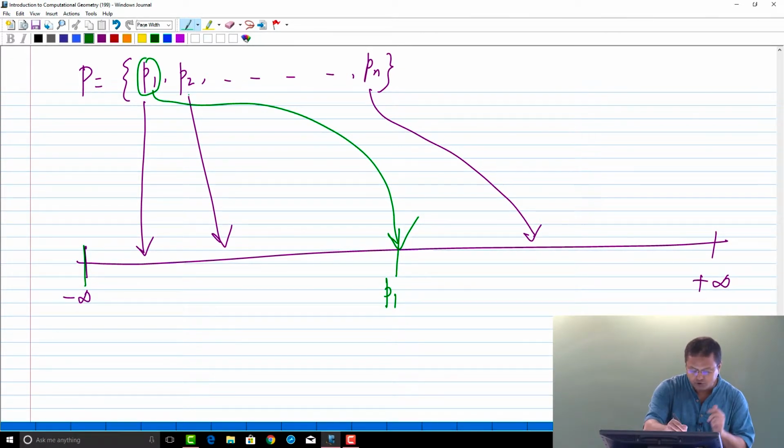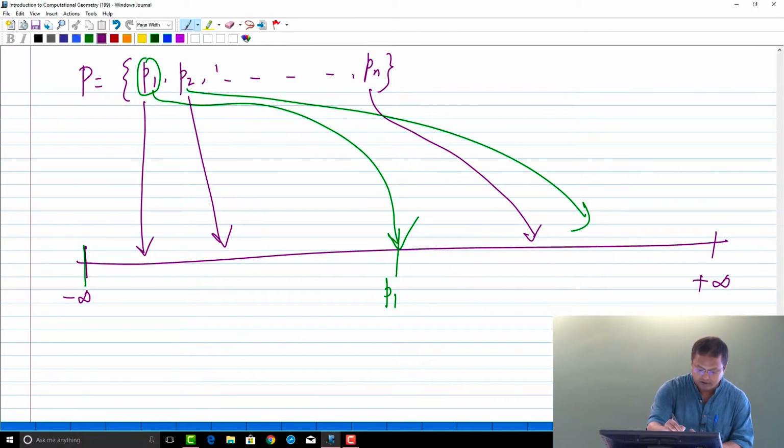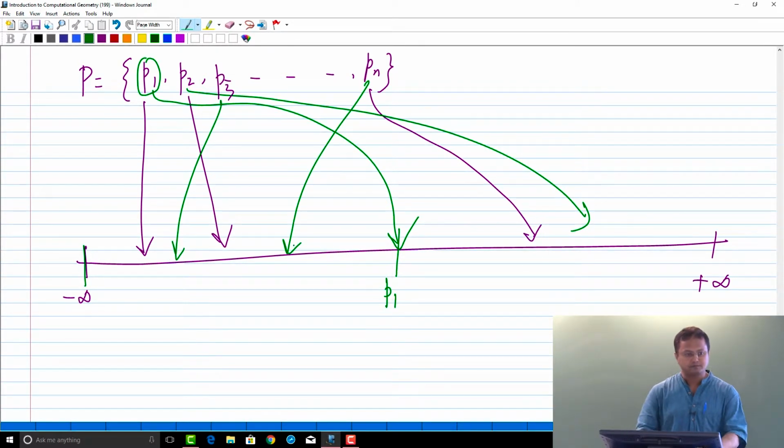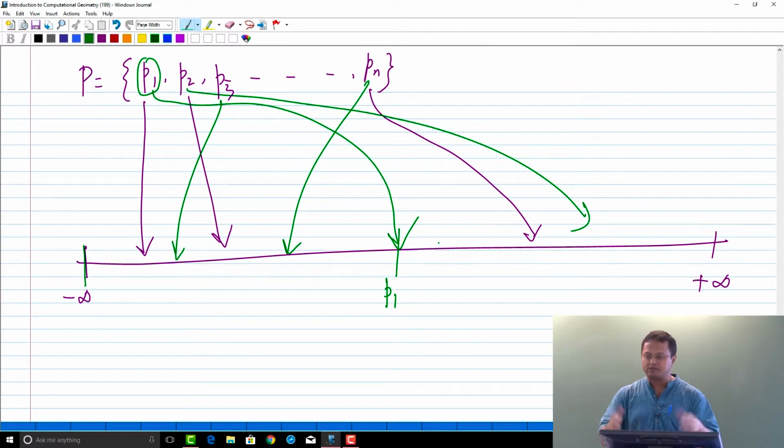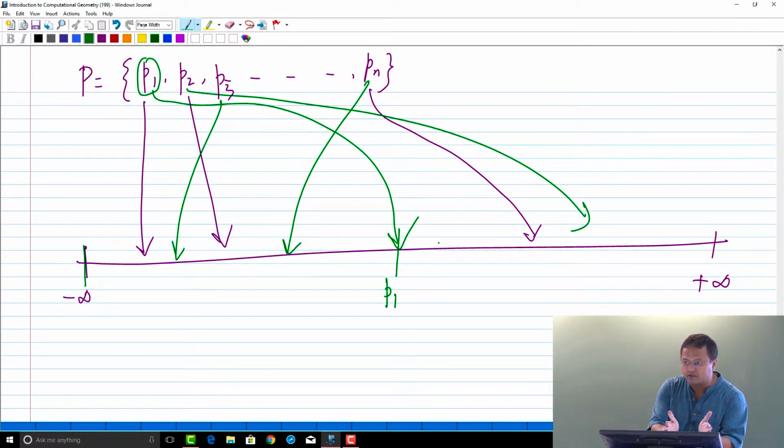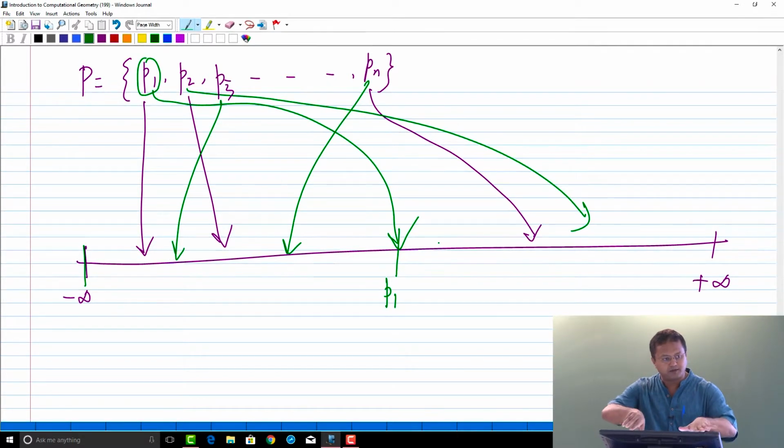Say P 2 goes there, P 3 goes here, P n goes here. So you keep doing this. Again take P 2, you now know which interval it belongs to, go there and place it in that interval. Again it will subdivide this interval, and again you have to rearrange pointers.